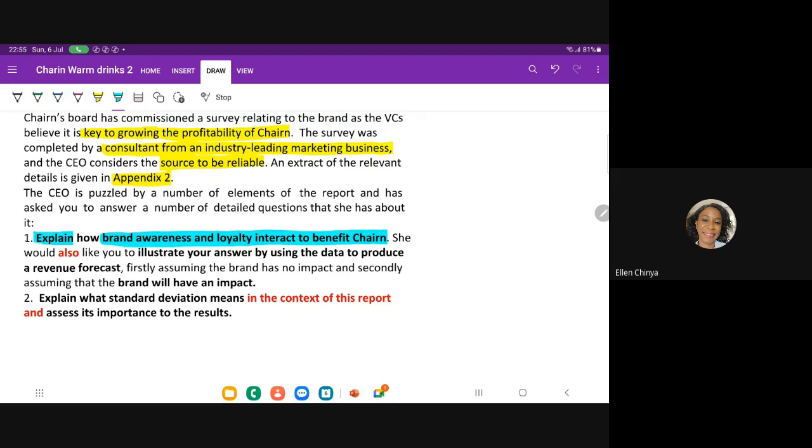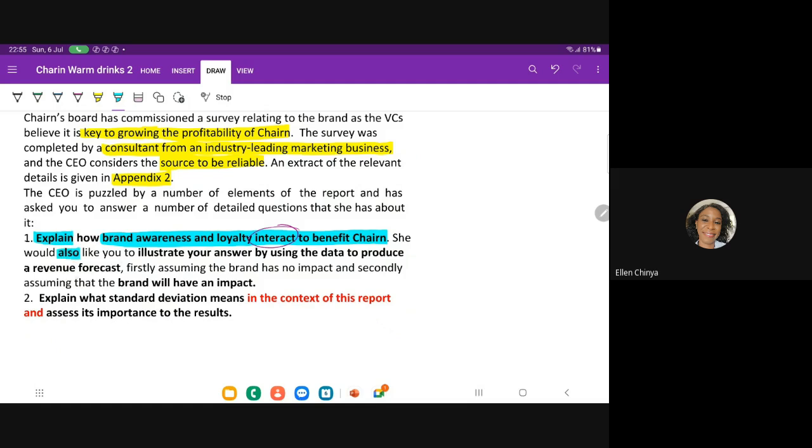So what you have to tell is how brand awareness and brand loyalty interact to benefit Sharon. First of all, you should know what brand awareness is, and second, what brand loyalty is. There are two things, and then their interaction to benefit Sharon, how they are going to interact, right? So that means this part is done. Now there is another task.